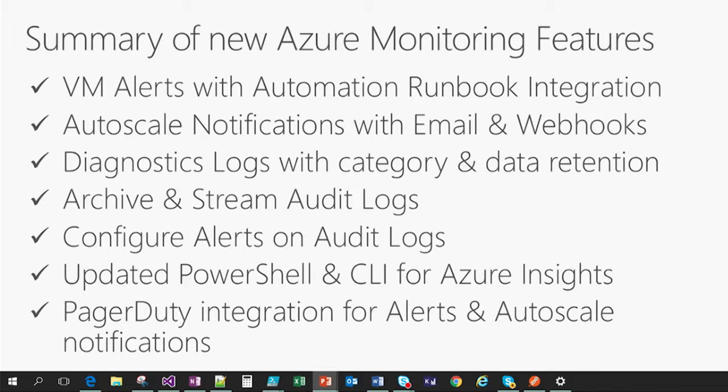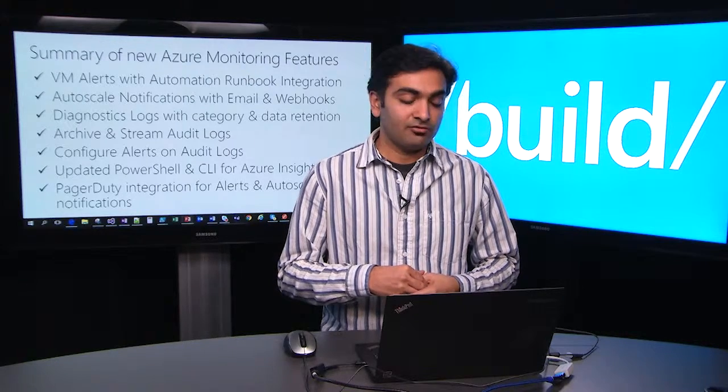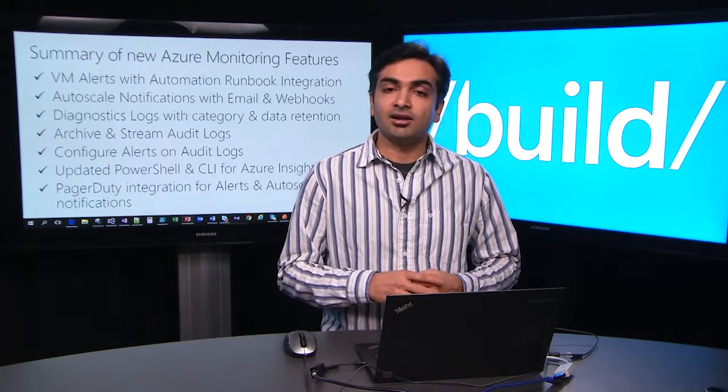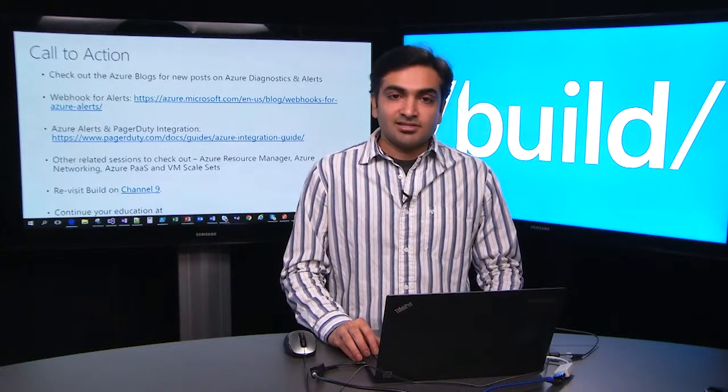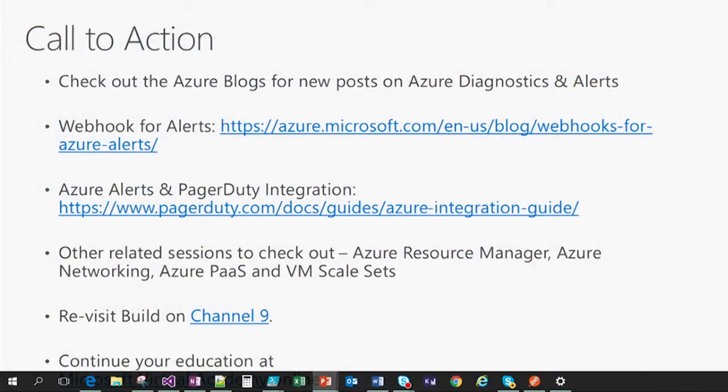We spoke about creating alerts for audit logs. Then we have updated PowerShell and CLI for Azure Insights, and finally, you can use PagerDuty to integrate alerts and autoscale notifications. So try all these things out, take them out for a spin, and let us know your feedback.